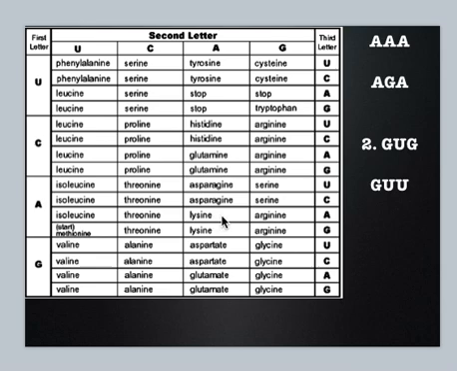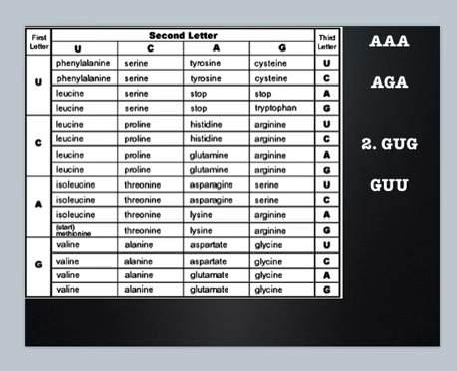AGA. Okay, so we're still with A, but now the second letter is G. So now we are over here. The third letter is an A, and we're not using this A. We've got to use this one here. So in this mutation, lysine changes to arginine.